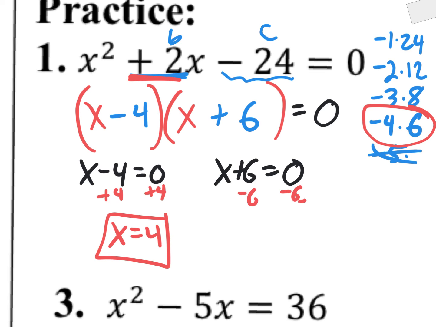X equals negative 6. Yeah, pretty much. But I want you to understand the real process, that you set this equal to 0, set that equal to 0, and you solved both of them to get those two answers. We factored it, we split it, we solved it. Factor, split, and solve.